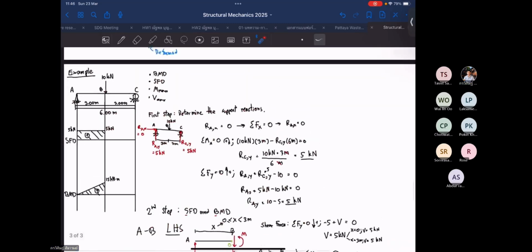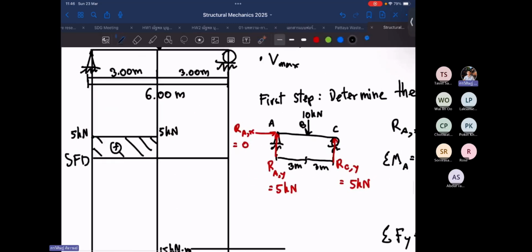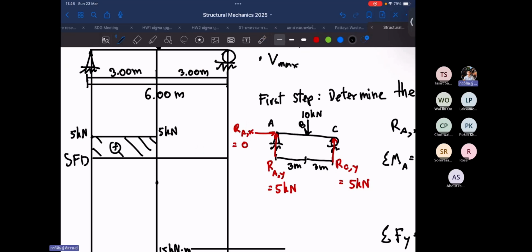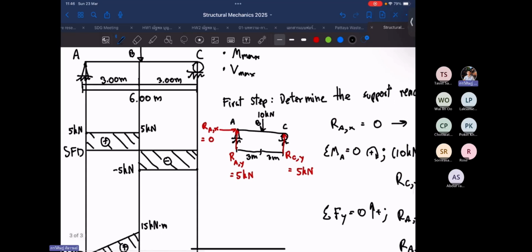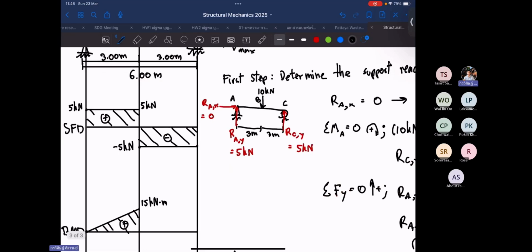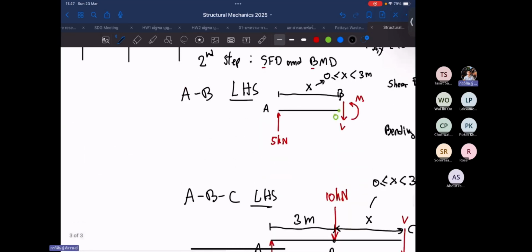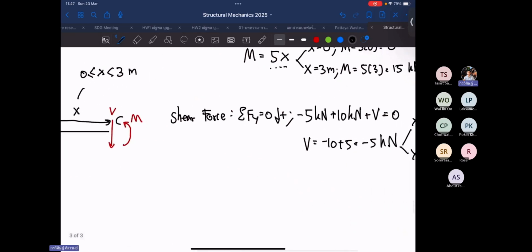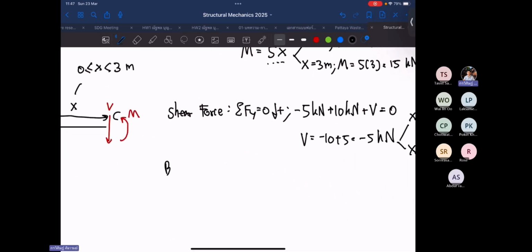So at x equal to 0, shear force equal to minus 5. At x equal to 3 meter, shear force equal to minus 5. So we get this diagram. This one is the shear force diagram of the later part. Next one is the bending moment diagram.